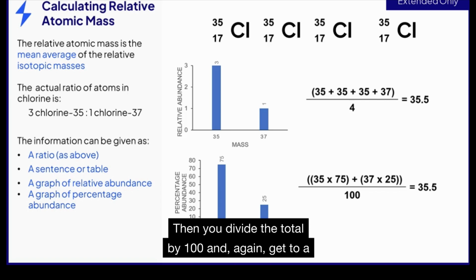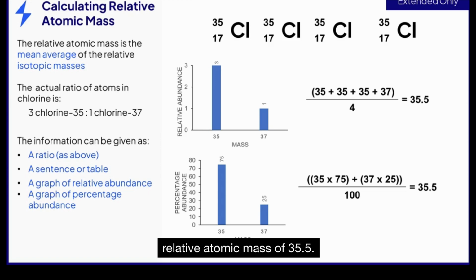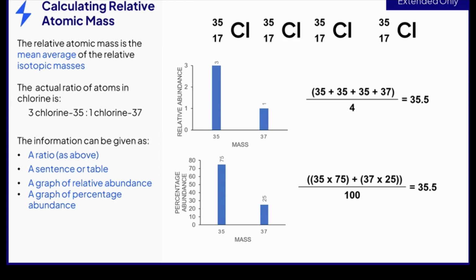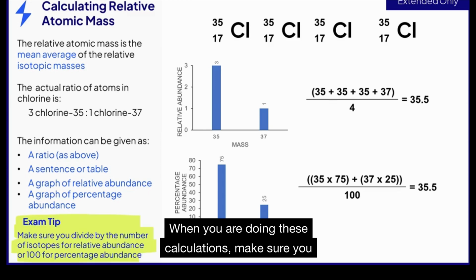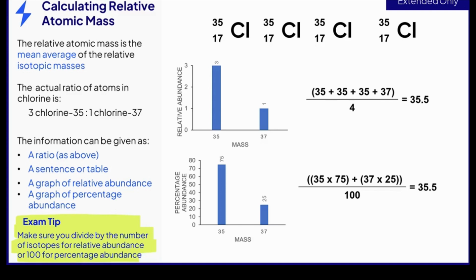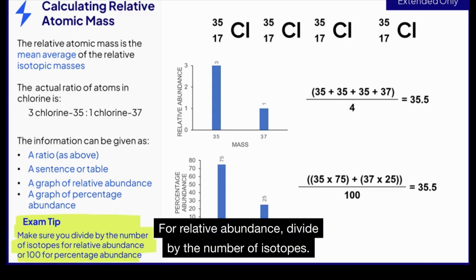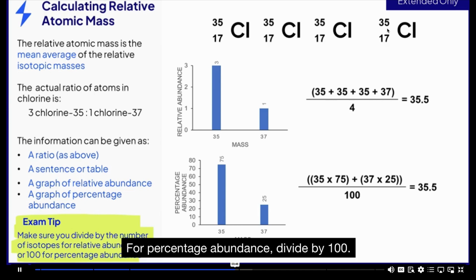Then you divide the total by 100, and again get to a relative atomic mass of 35.5. When you're doing these calculations, make sure you divide by the correct number. For relative abundance, divide by the number of isotopes. For percentage abundance, divide by 100.